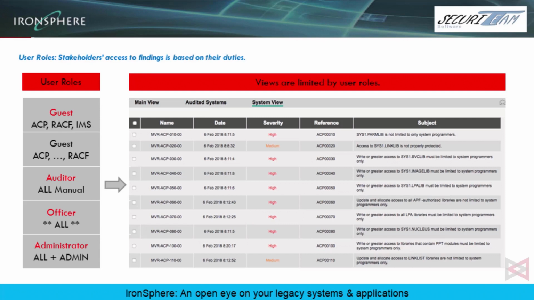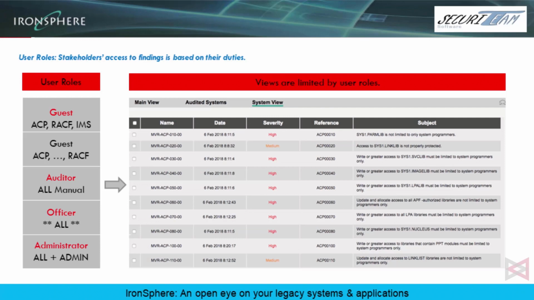IronSphere allows access, but also requires a user to have a role assigned to him. There are 4 types of roles. Guest, which are the stakeholders, can view assigned STIG groups depending on their roles. DBAs see database findings, communications people see communication-related STIG groups, like FTP configuration, TCP/IP configuration, etc. So each of the units in the organization can see only what is related to their role.